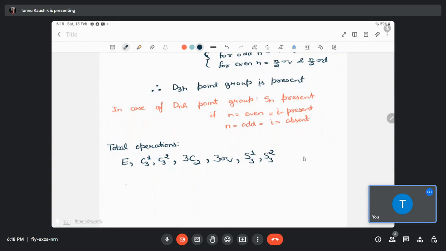What are the total operations we have in this molecule? We will have 3, 6, 9, and we have sigma h also. So we will have a total of 12 operations.